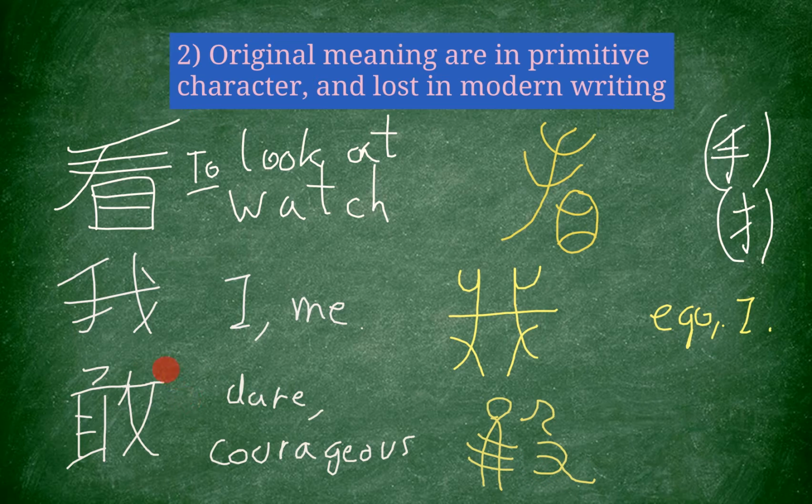And then of course the hand will be translated to this character. So again, number 2, original meanings are in primitive characters and lost in modern writing. Because again, if you had a whip and were taming a bear, that means dare and courageous. So I'm hoping this is starting to make sense.